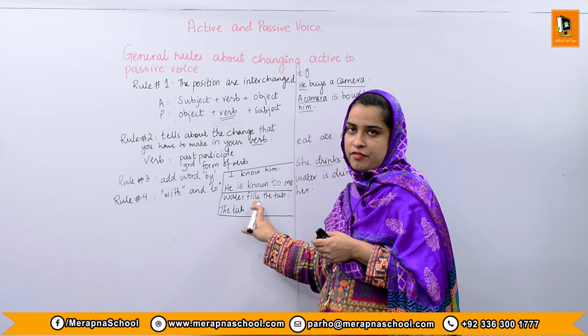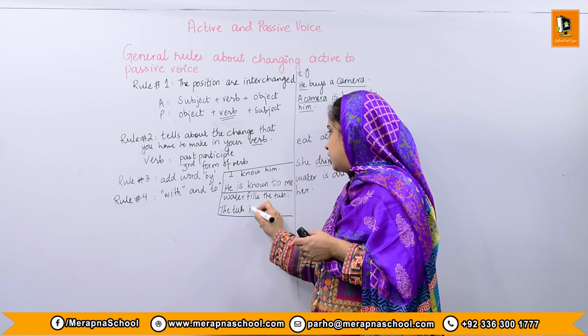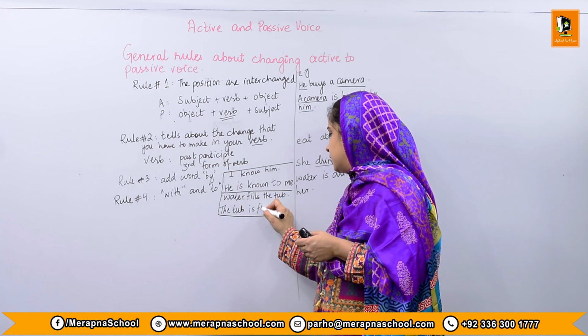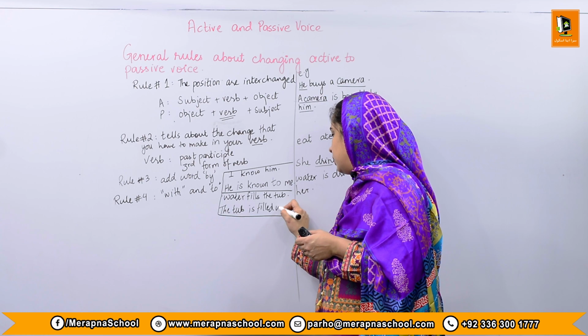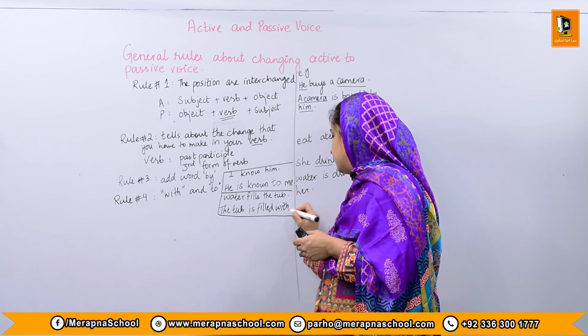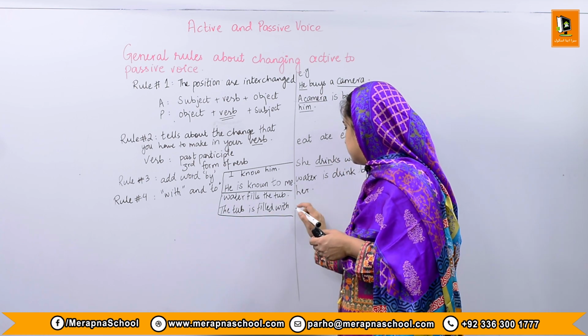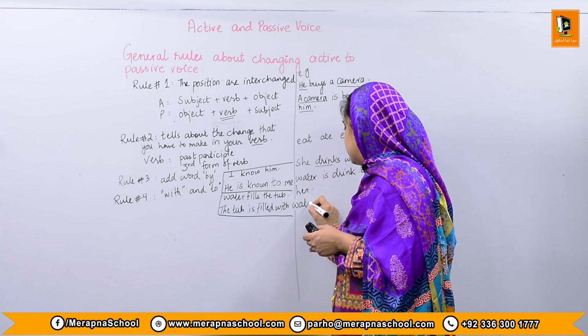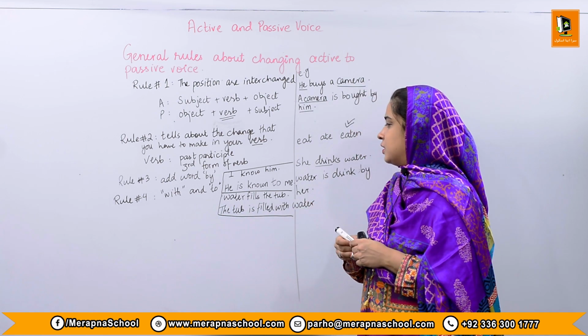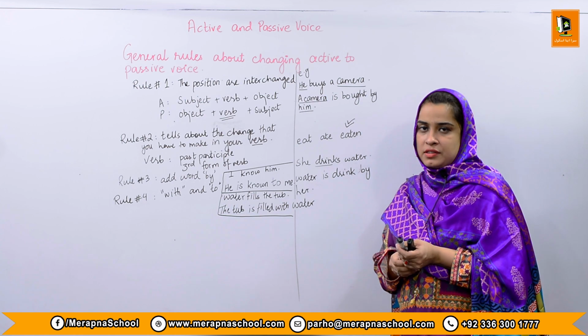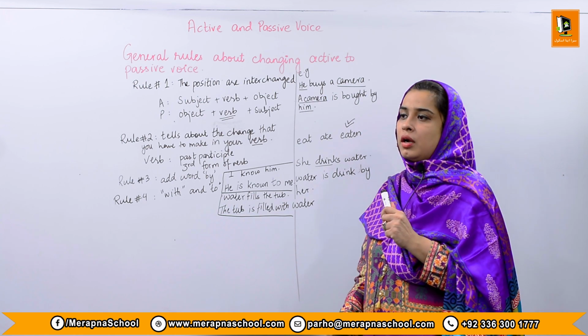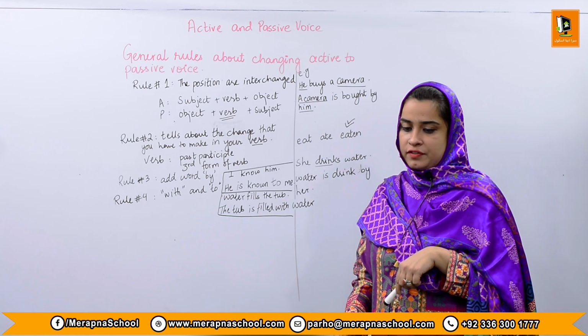Fills is a present form, so now let's change the form of the verb: is filled with water. So this is how the changes should be made in the passive voice, looking at the meaning of the active sentence.